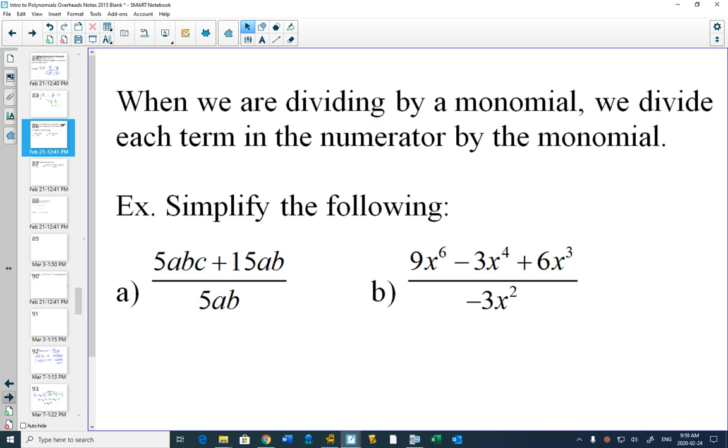Okay? So I have this question, 5abc plus 15ab divided by 5ab. I look in my numerator, the top of my fraction, and I notice those are not like terms. Why aren't they like terms? Because the first one has a c and the second one doesn't have a c. So I can see that they're not like terms.